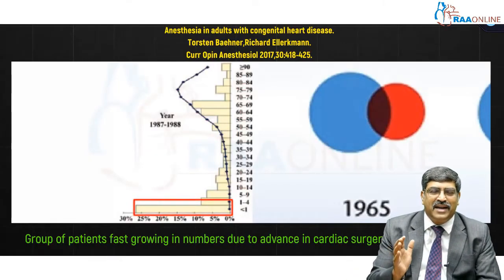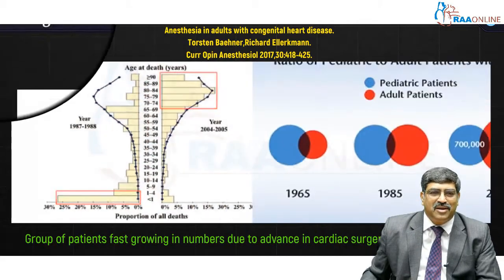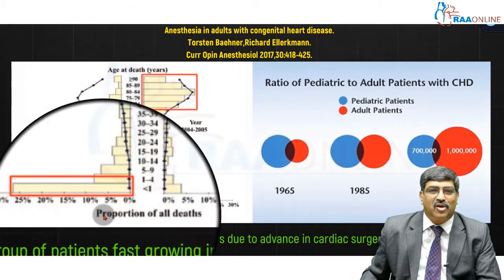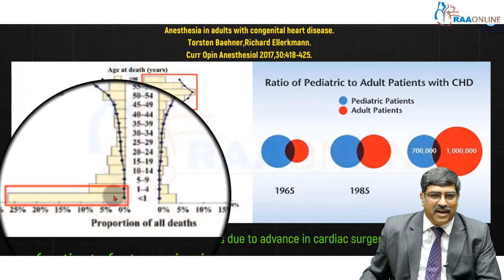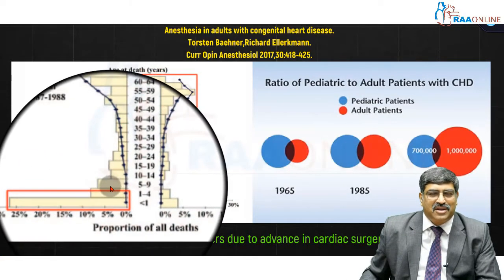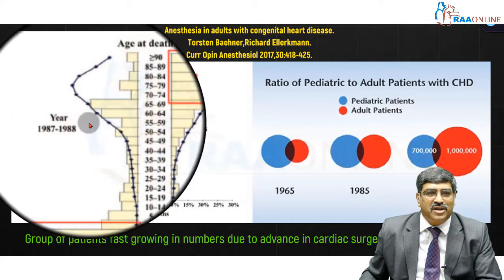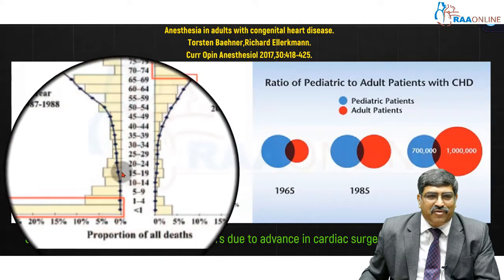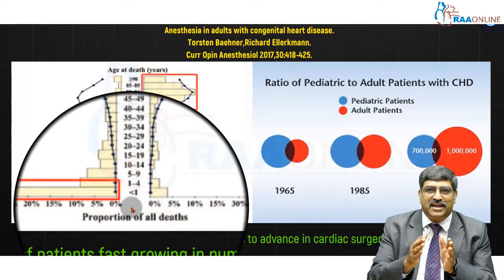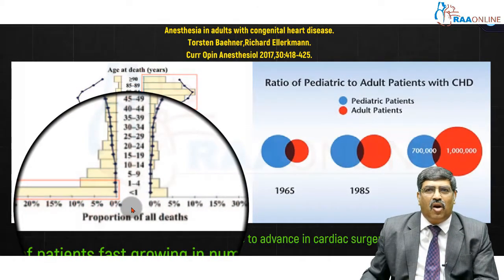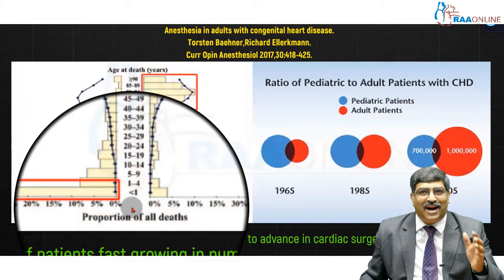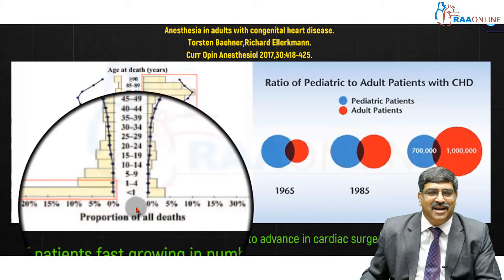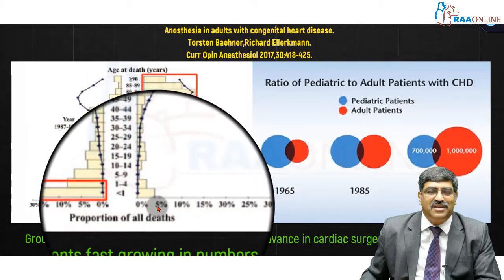Before the 1980s, you can see the mortality from congenital heart disease is around 28%. Since the mortality was very high, the number of children with congenital heart disease progressing to adulthood was very minimal. But after the 1990s and early 2000s, a lot of advancement happened in cardiac surgery and cardiac anesthesia, and you can see the mortality is reduced to around 3%.